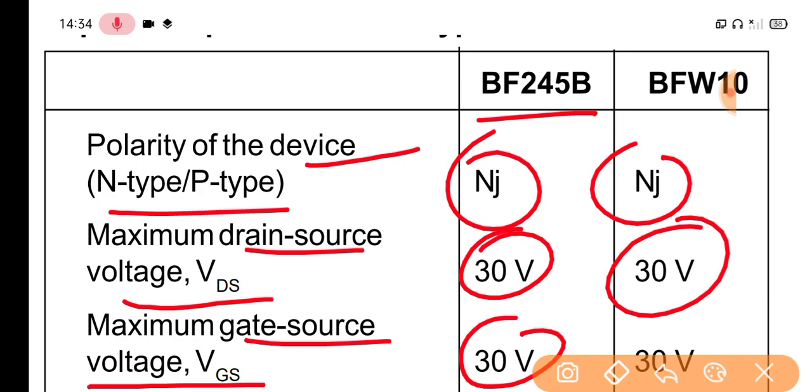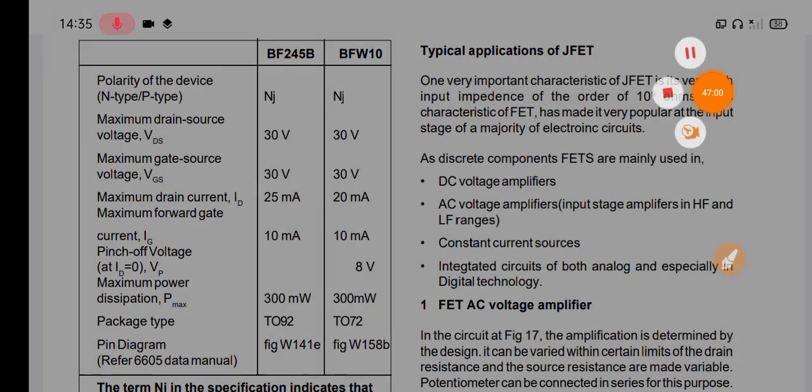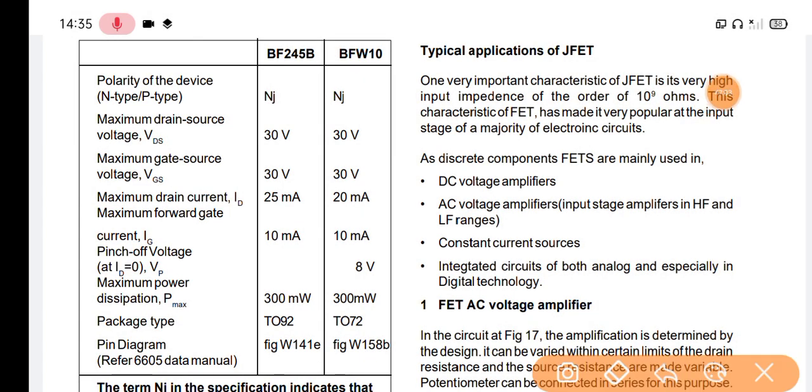Maximum drain current ID 25 milliampere and BFW 20 milliampere.